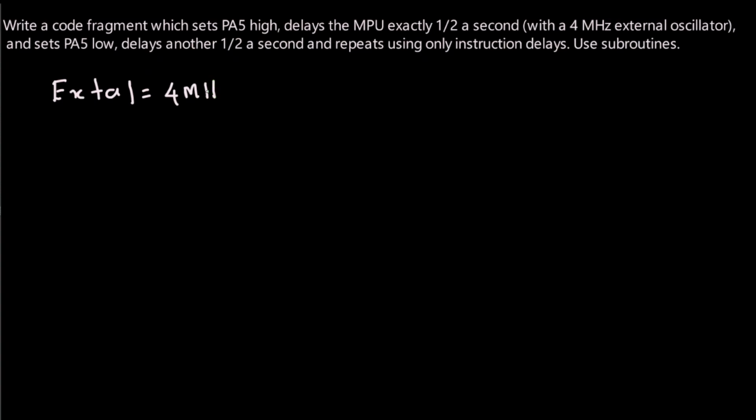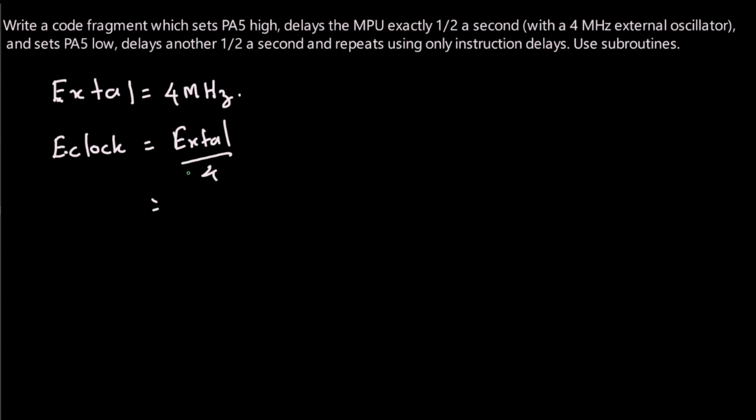4 megahertz, and the E clock is 1 over 4 times XTAL, because the relationship between E clock and XTAL is that you divide XTAL by 4.